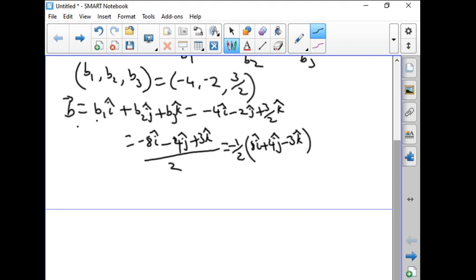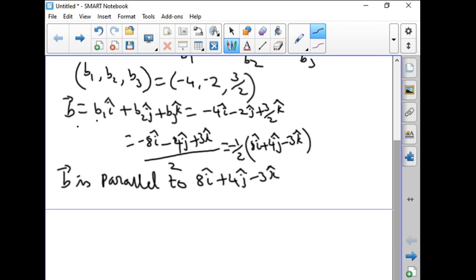Now the b vector is parallel to 8 i cap + 4 j cap - 3 k cap, because the b vector is equal to -1/2 into this vector. So both are parallel.